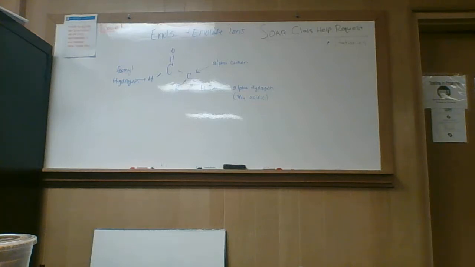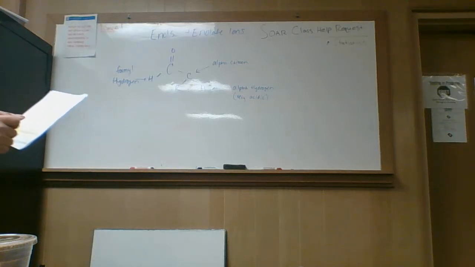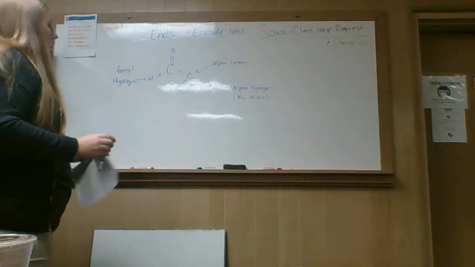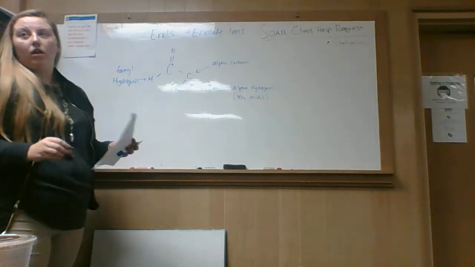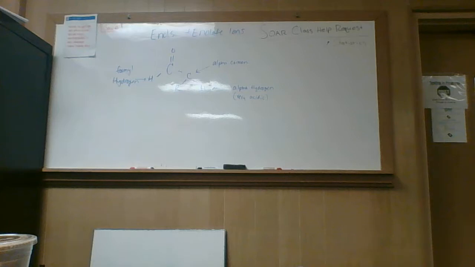So a formyl hydrogen is attached to the carbonyl group. Is there anything special about it that we need to know? Not at this time. They're not as acidic as alpha hydrogens. I would just understand what that means because he could use that terminology in a question.